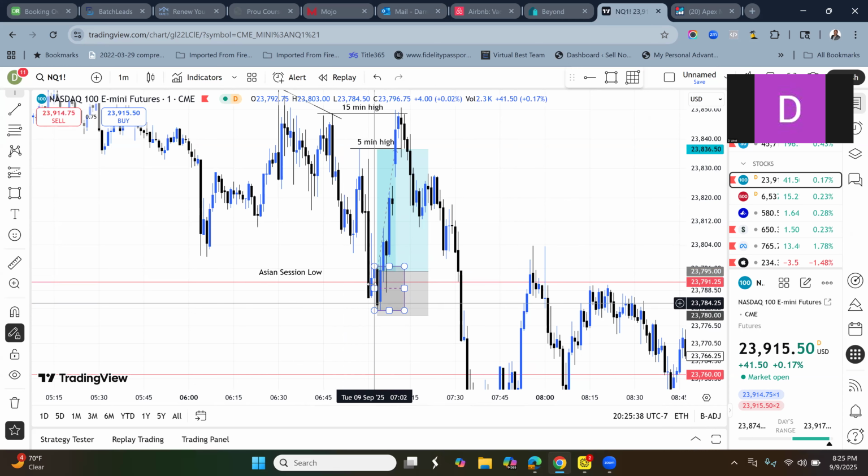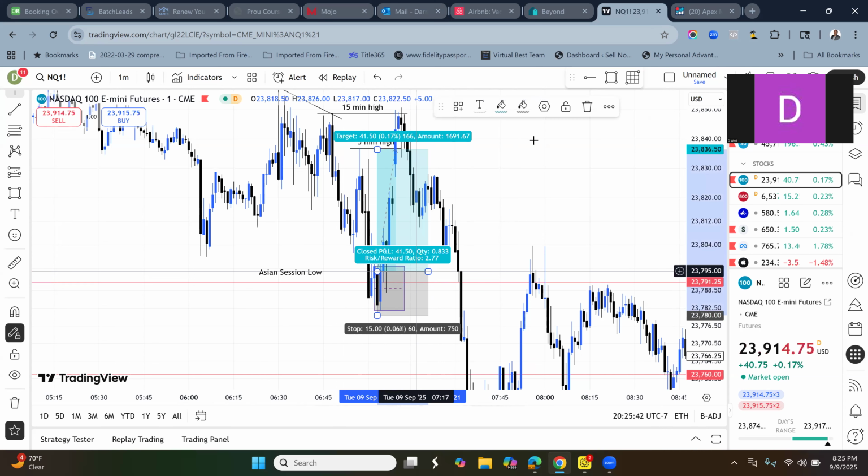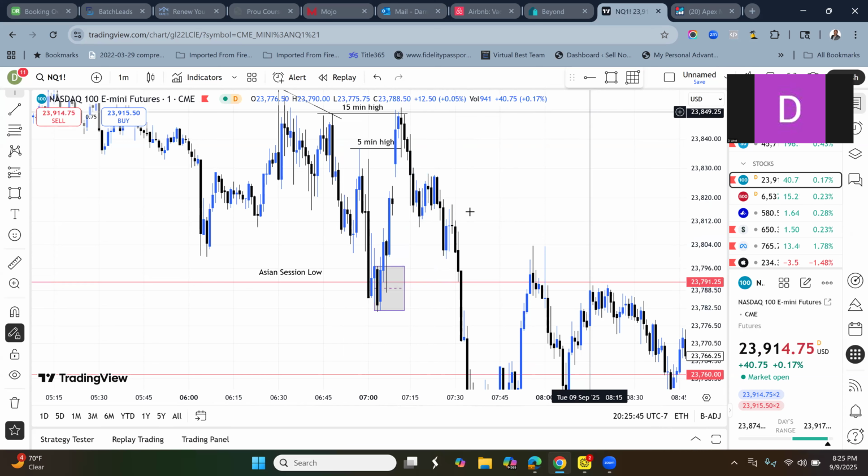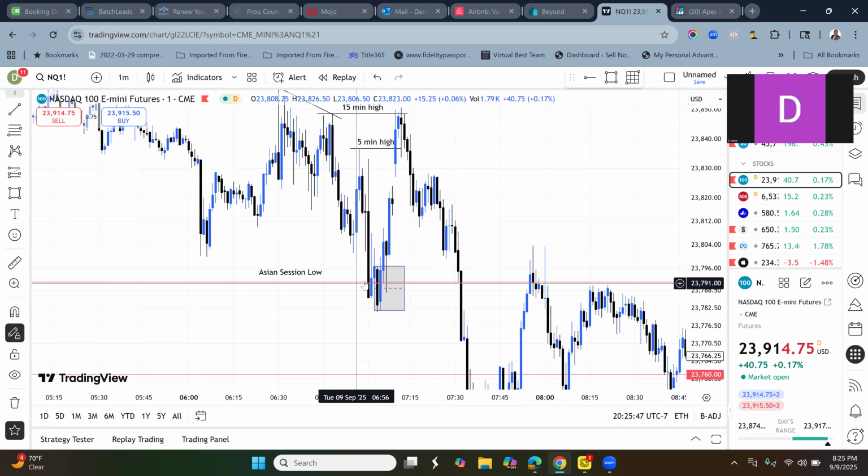We end up shifting market structure to the upside on the 1-minute. Let me delete this so you can see this clearly. We make a leg up, we get an initial reaction off of it. Cool, I like that. Then we get another leg up, we get a leg down, we actually break to the downside. This made me a little bit nervous.